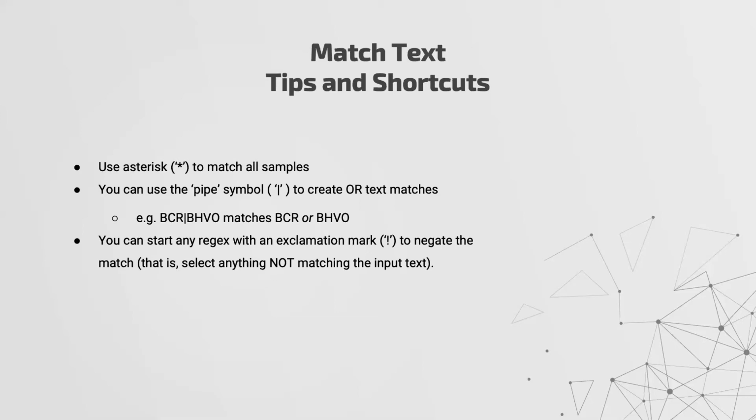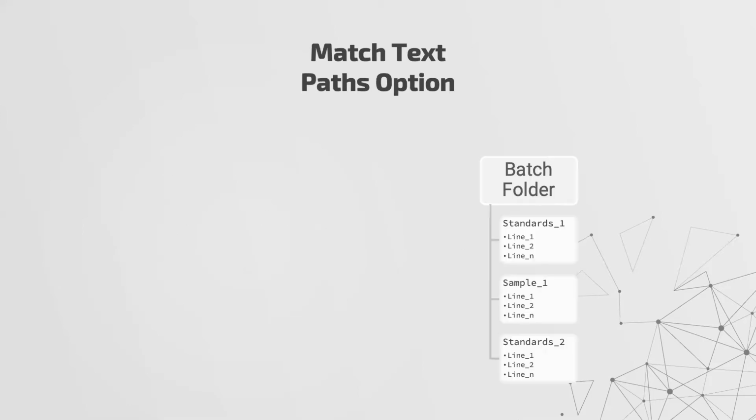And finally, just on this matching text thing, you can also put in an exclamation mark at the start to basically invert your selection. So it will select anything that doesn't match the following text. So if I typed in exclamation mark NIST 612, it would actually then select anything that doesn't have NIST 612 in its name.